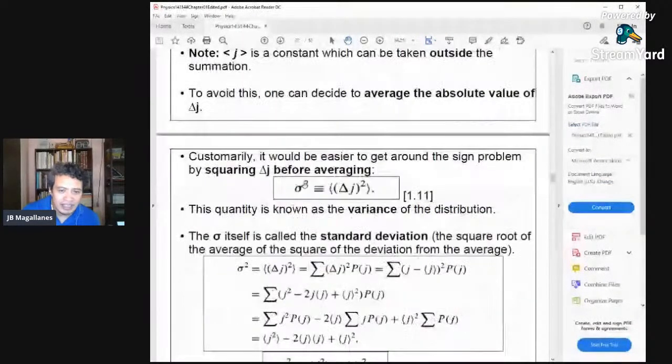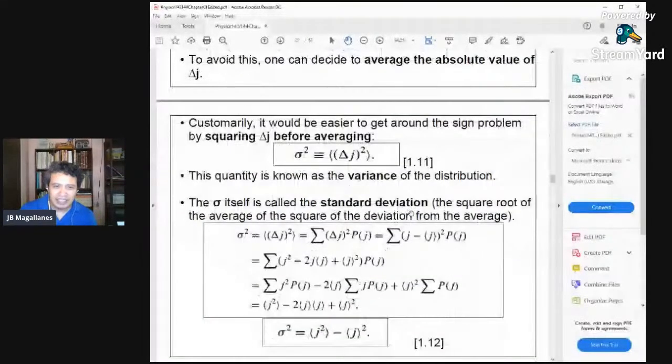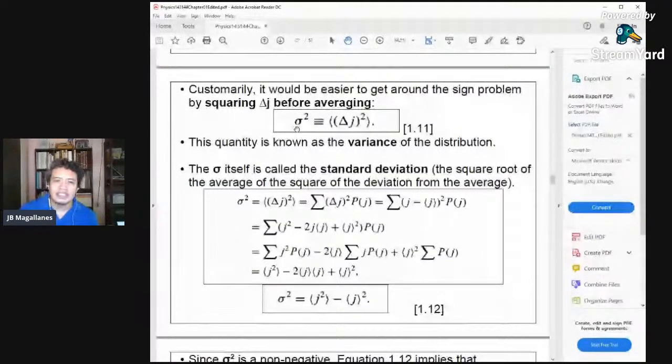And we define this as sigma square. This is the average of the square of delta J. By the way, this quantity, sigma square, is called the variance.